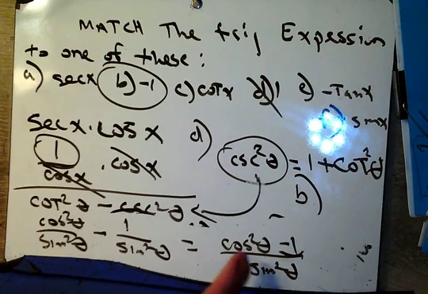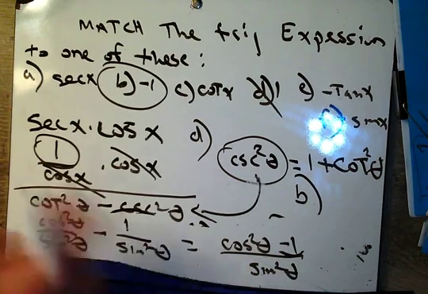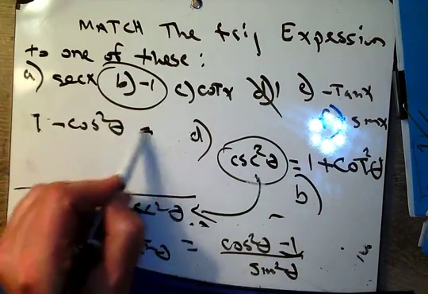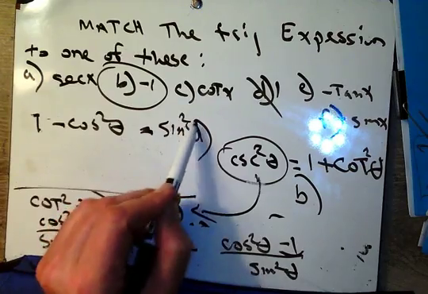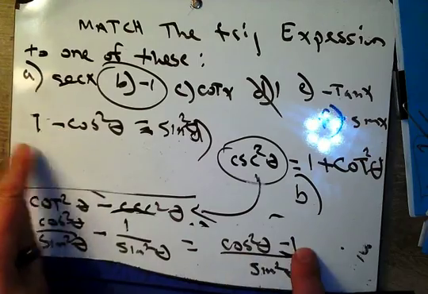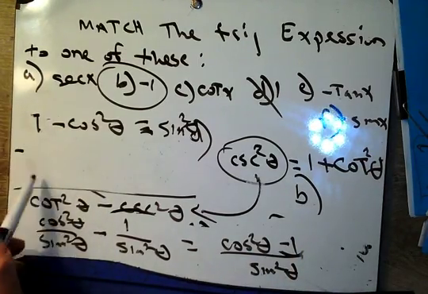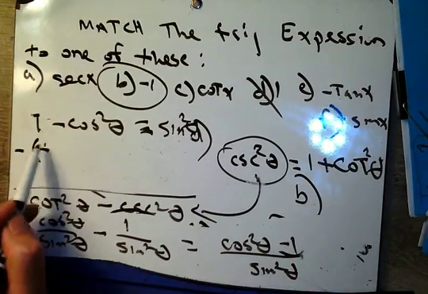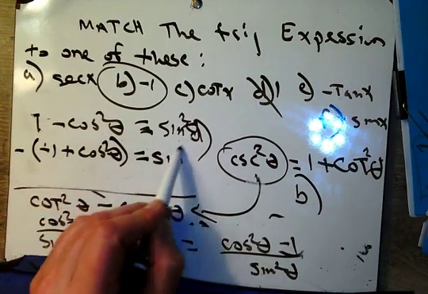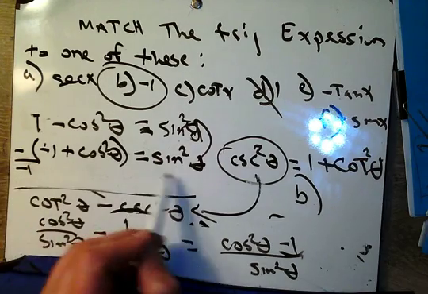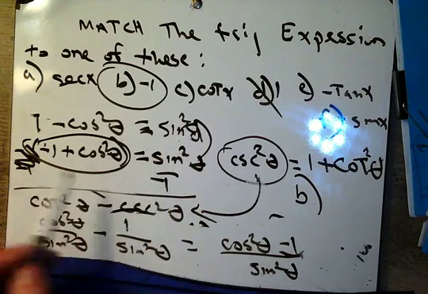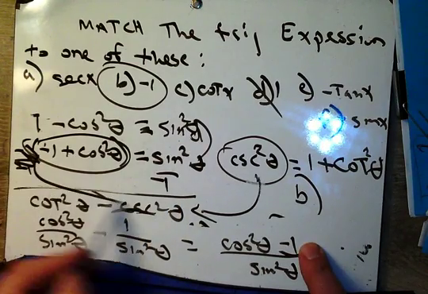And here, gosh, cosine squared minus 1, wasn't that one of our Pythagorean identities? No, it was 1 minus cosine squared equals sine squared. But we've got cosine squared minus 1. All the signs are opposite. I guess we could factor out a -1 here. I would have -1 plus cosine squared theta. And if I divide both sides by -1, I'm going to get that this stuff is here.